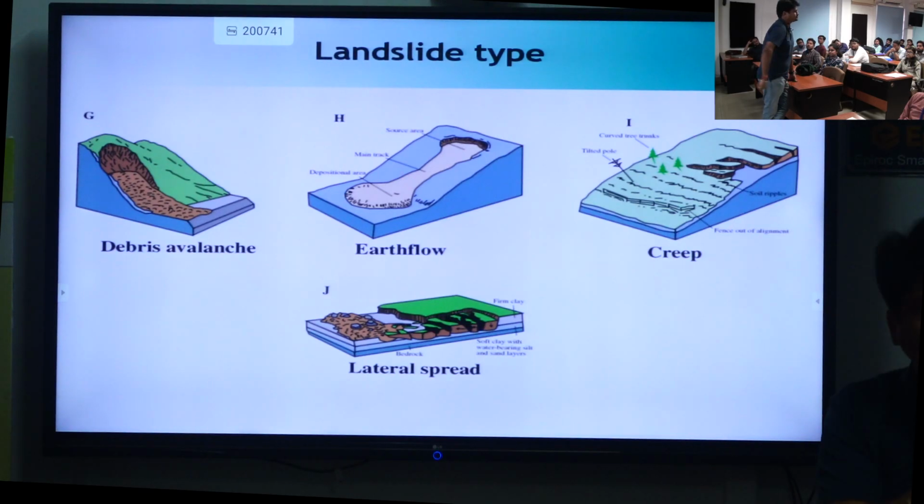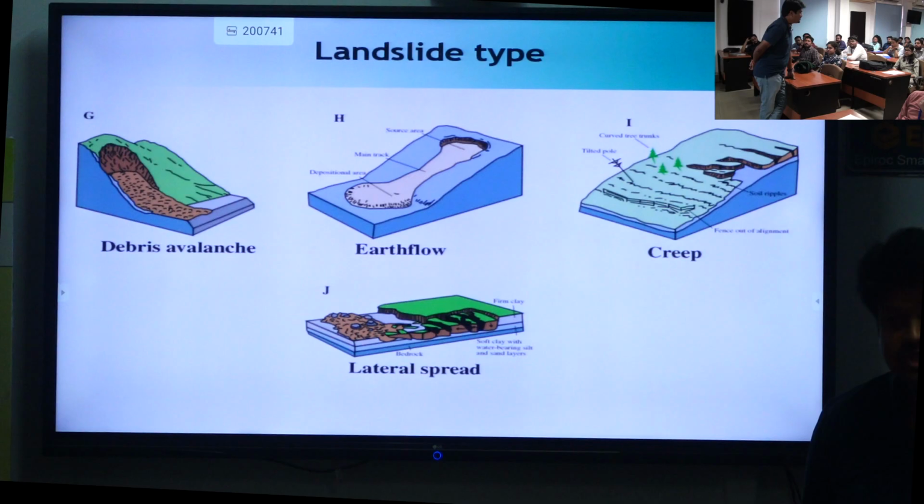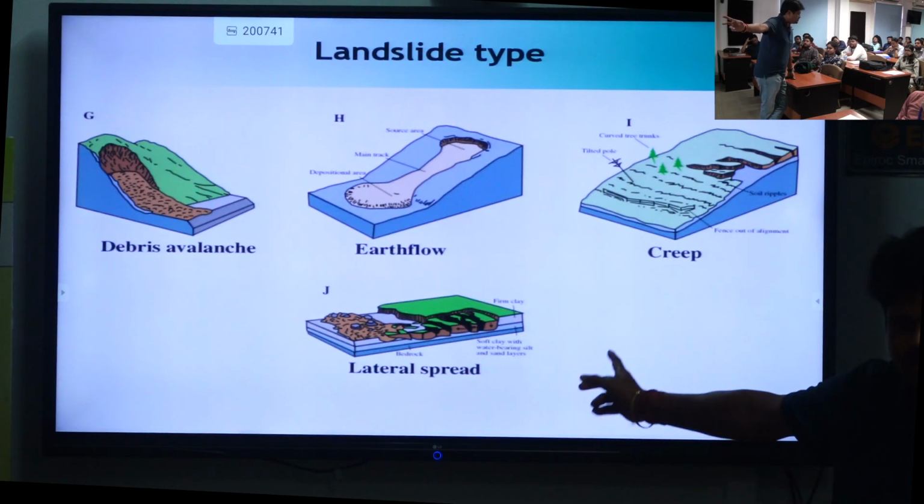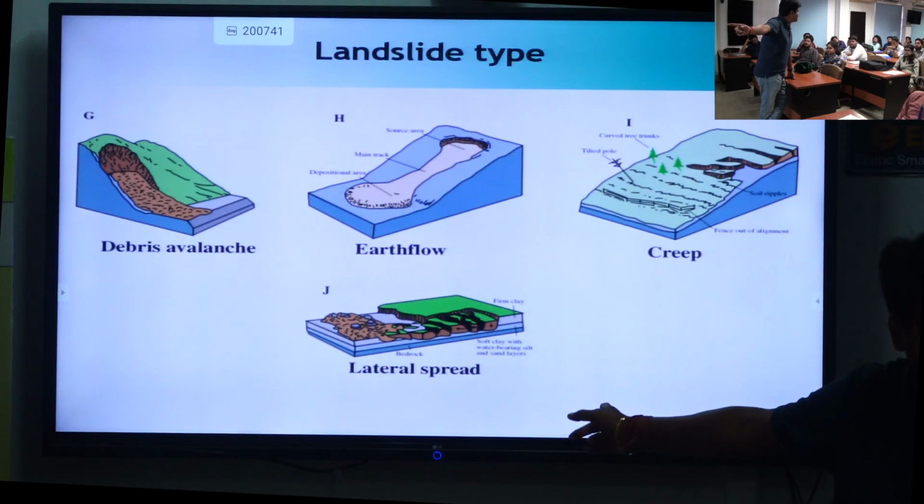The thing is, the damage doesn't happen just because of the intensity or magnitude of the hazard. It happens because your resilience, your coping capacity, is poor. Your structure is poor. Go to Bhuj, Kutch, what was there?